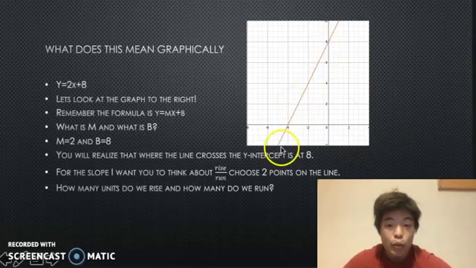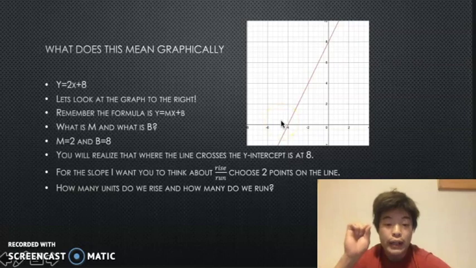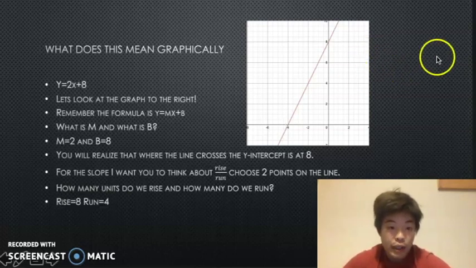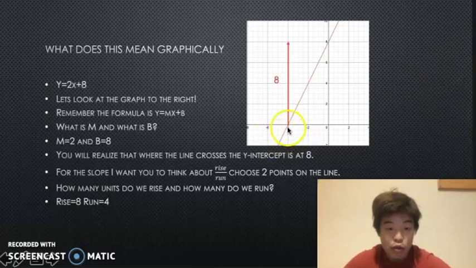What we want to do is calculate how many units we go up or down and how many units we go left or right. If we look at this, we rise 8 and we run 4. The 2 coordinate points we chose are negative 4, 0 and 0, 8. So what's the difference between them?